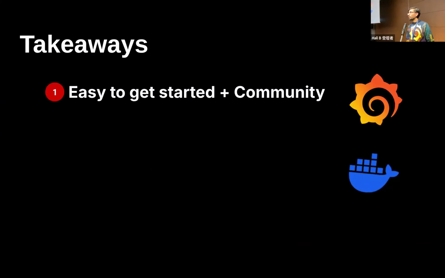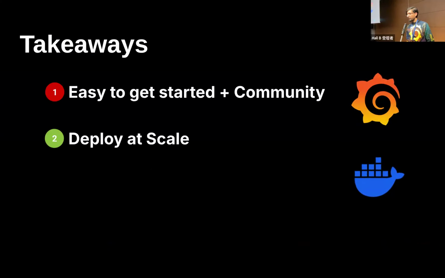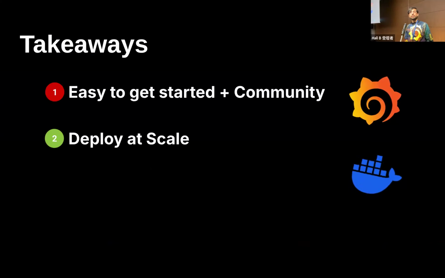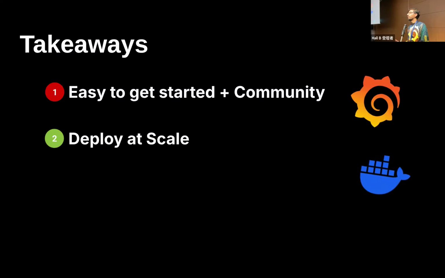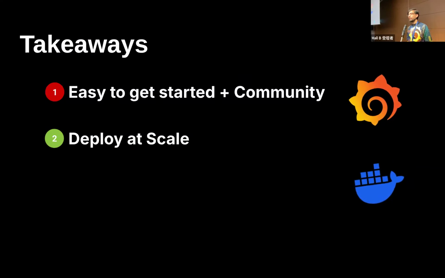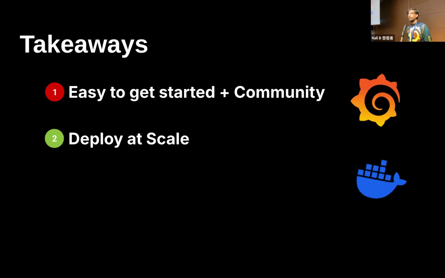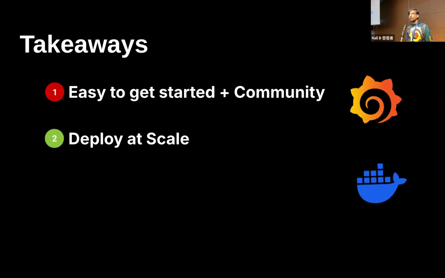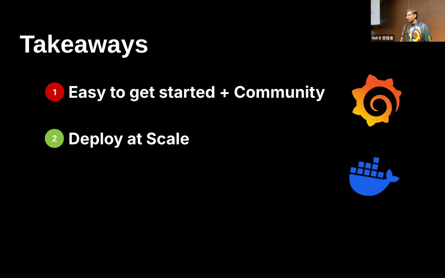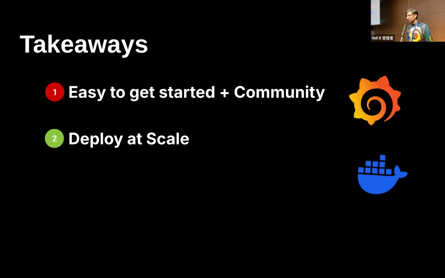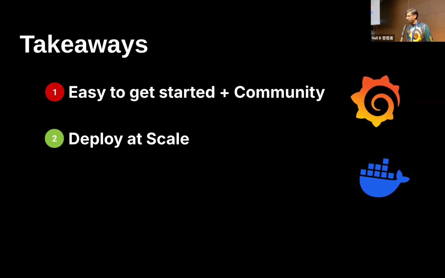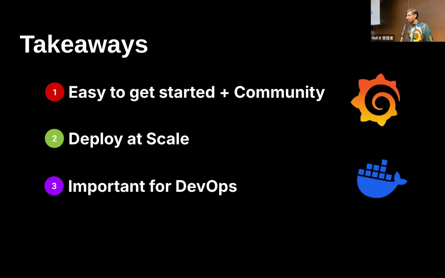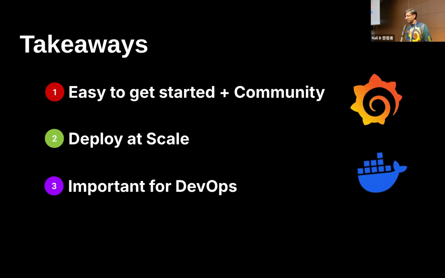Both have very strong community support, and you can deploy at scale, especially for DevOps folks. Like you want to save time, you don't want to do all things manually. So there are ways like provisioning or, for example, checking the logs quickly by enabling debug log level. And there are more advanced examples as well, which I shared as tips. And yeah, I think that's important for DevOps.